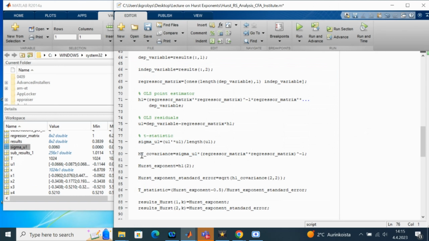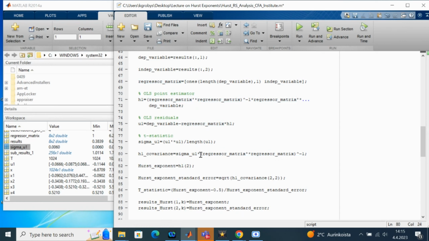Now we are able to estimate the covariance matrix of our Hurst exponent, right? This is what happens here. H1 underscore covariance is what? It's sigma underscore u1, so it's the variance of the regression residuals times the regressor matrix transposed itself inverted.